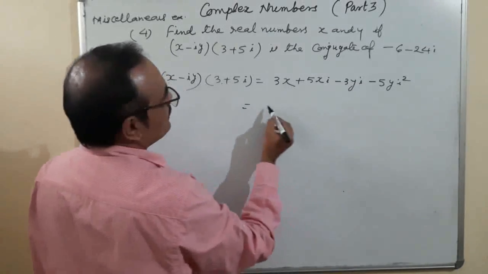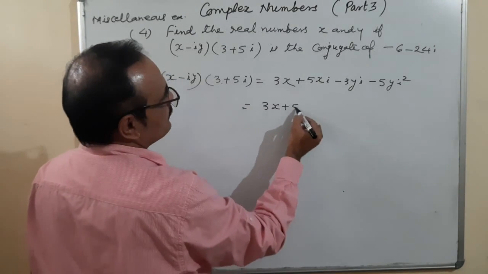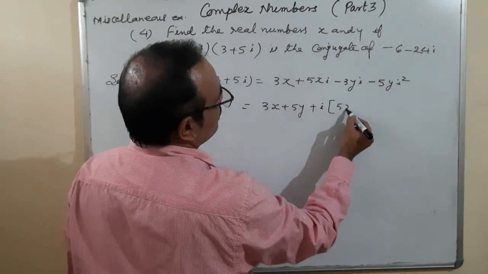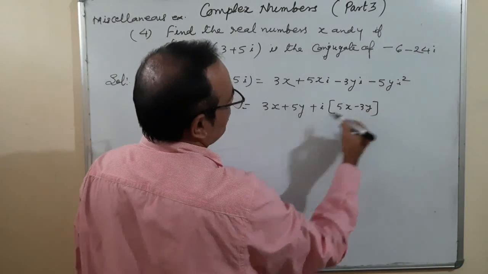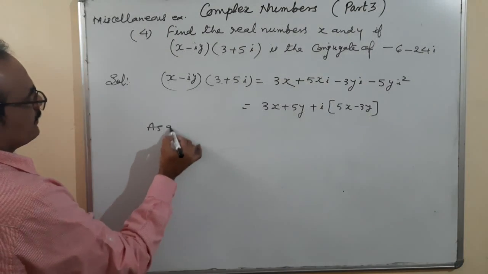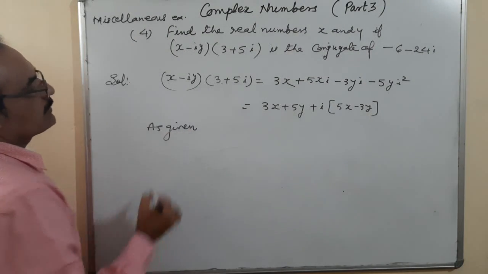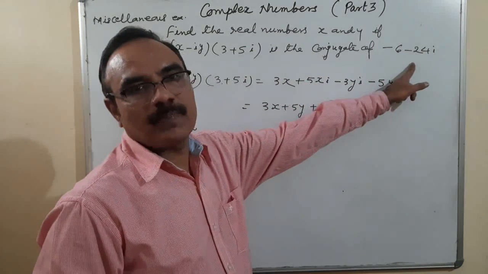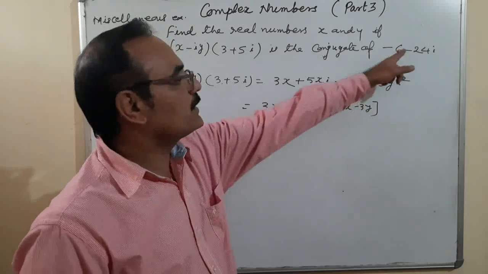Since i square is minus 1, it is plus 5y, so I can write 3x plus 5y plus i times (5x minus 3y). That is the number given in the question, and its conjugate is equal to this one.